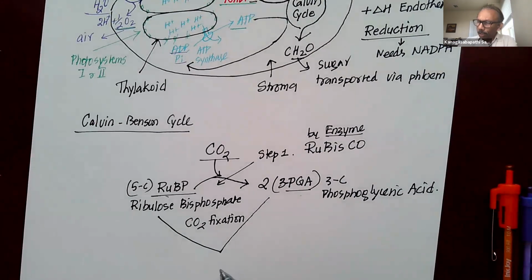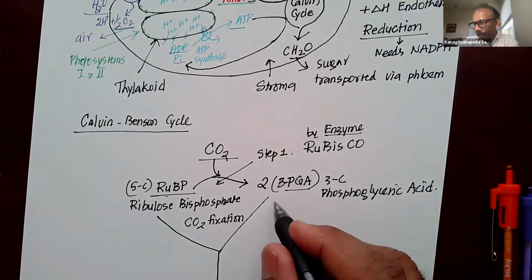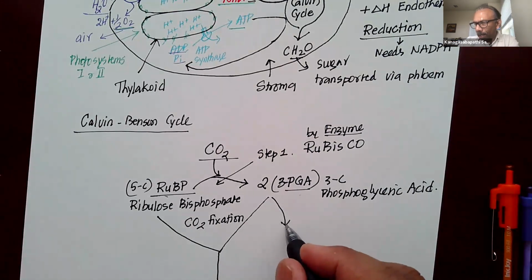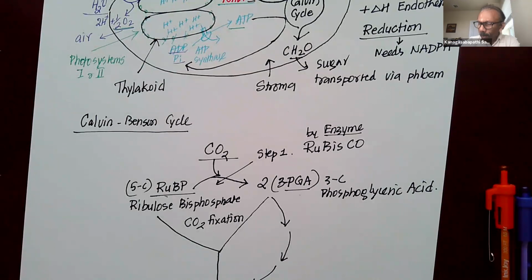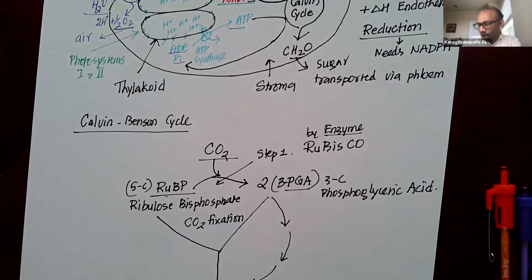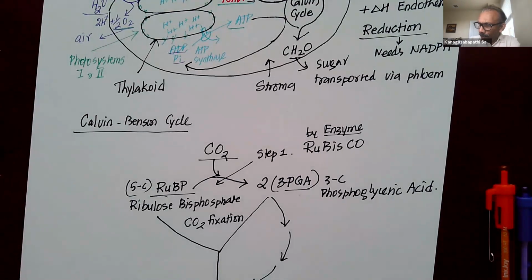Then you need to continue into the next step. This is an acid. It has to be converted to sugar. So this is what creates G3P, which stands for glyceraldehyde 3-phosphate.